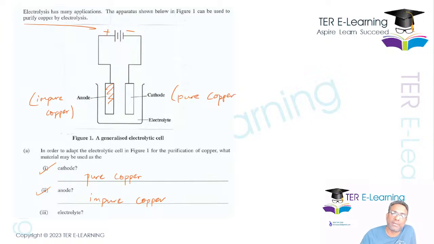And what electrolyte are we going to use in this particular purification process? Seeing some correct answers. In this case, it is copper(II) sulfate, CuSO4 aqueous. That's your electrolyte for this particular process.